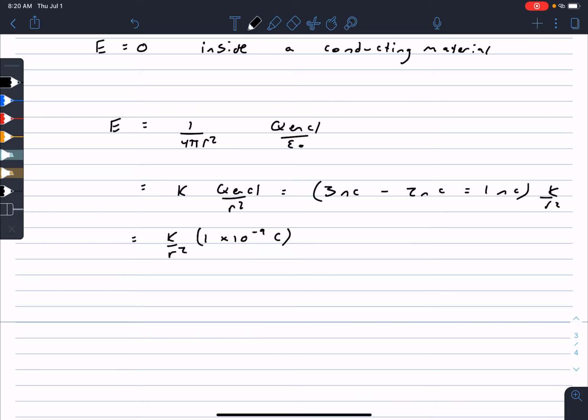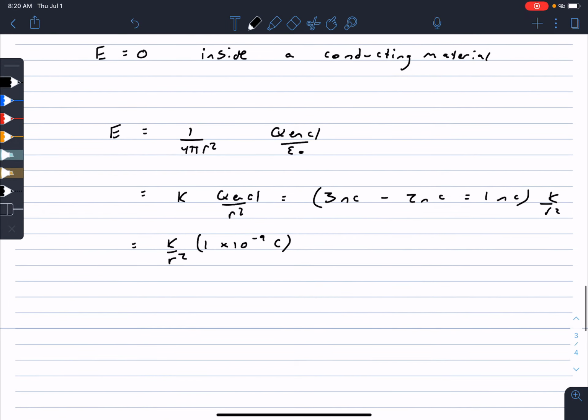You can plug these into a calculator if you have a value for r. The value for r outside is 2.5 meters. So then you plug in 2.5 squared here. And this ends up being, I think, 8 times 10 to the 9, in units of newtons, meters, coulombs per meter.